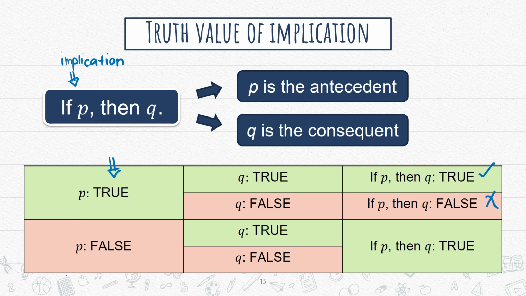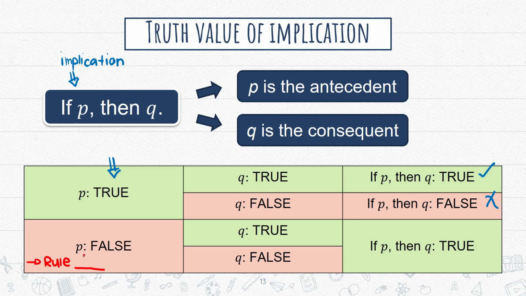Just now I was asking: if the antecedent is false and the consequent is true, then the whole implication is true. Which rule is this, rule 1 or rule number 2? Number 2. Correct.